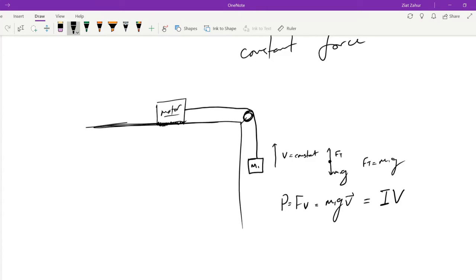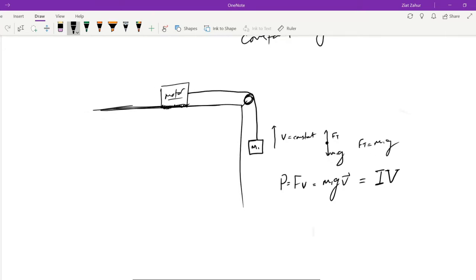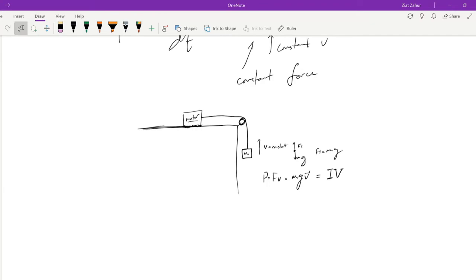This one is velocity, and this one is voltage. Yeah, that's a nice honors physics level question. That's not illegal. That's how it works.